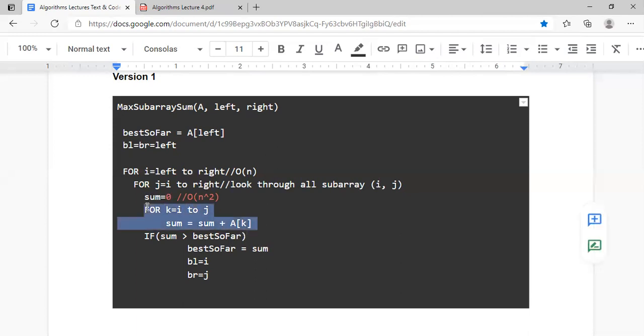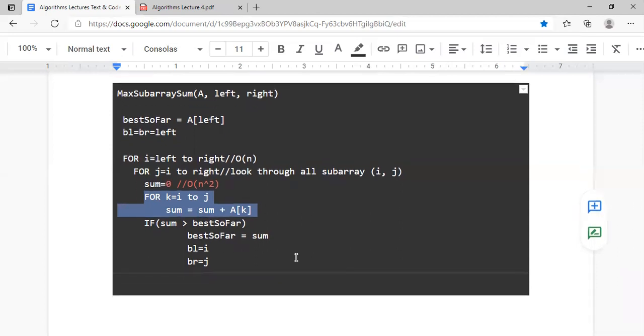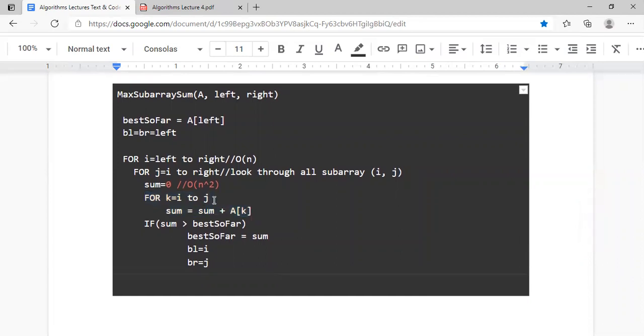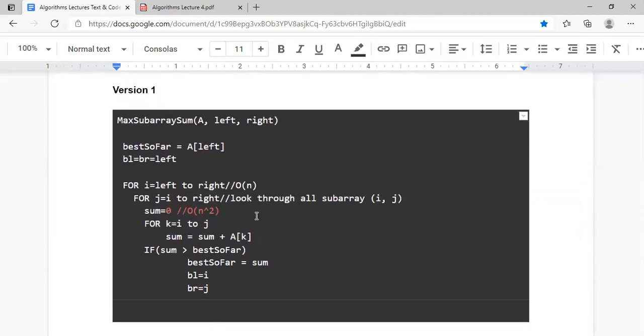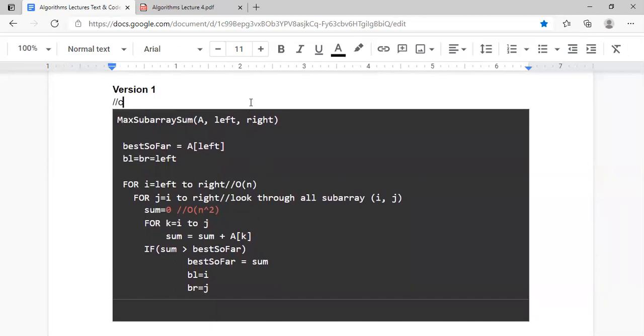This loop is redundant, and paying some attention to it, you can accumulate the sum. You don't have to recompute the sum again and again. So I leave this to you as an exercise. This algorithm can be made into an O of n square algo. But this O of n square algo is still inefficient for this problem.